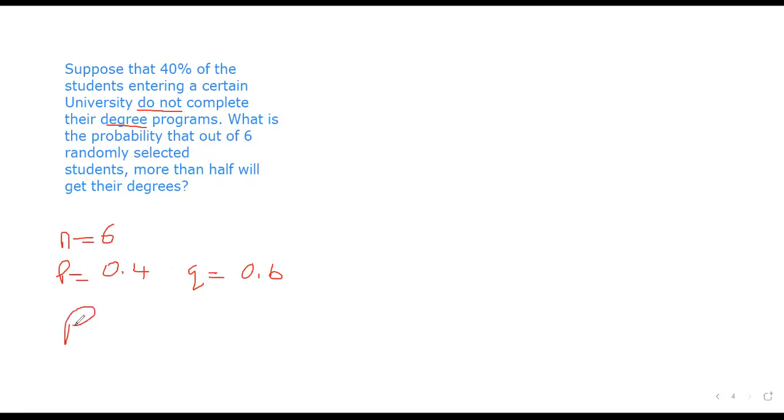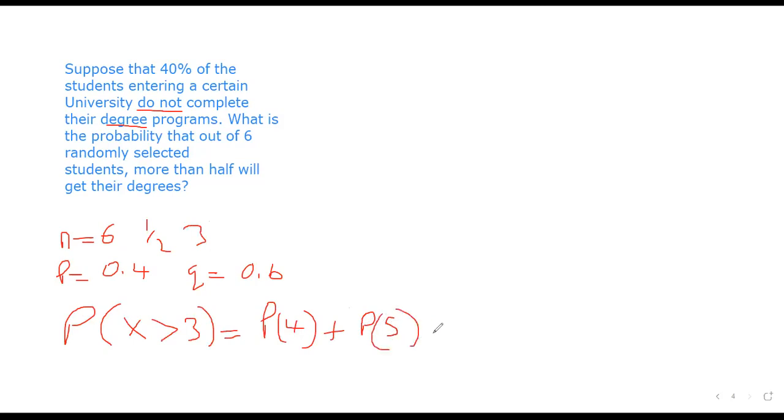More than half means more than what? What is half of 6? 3. So probability x is more than 3. We're talking about probability of 4 plus probability of 5 plus probability of 6, the last number.